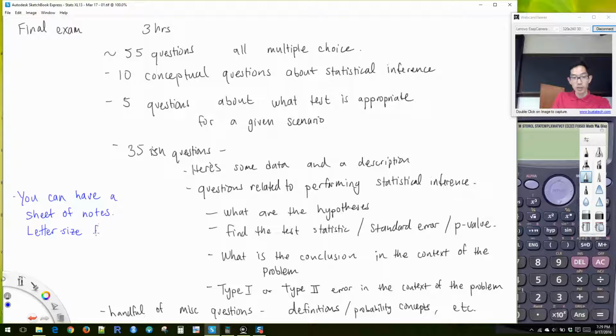Okay, so the question is, can you use note cards? Let me think how many are equivalent. 3 by 5s, I think you get 6 if it's front and back.